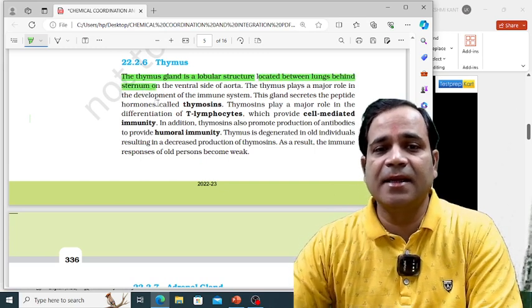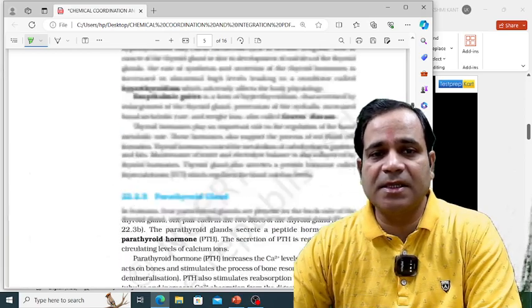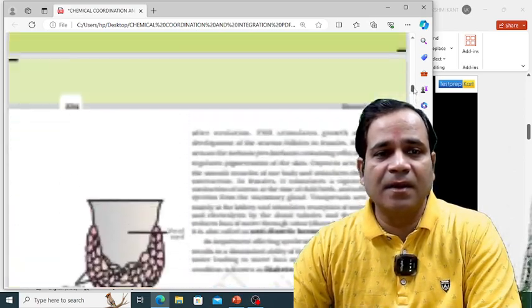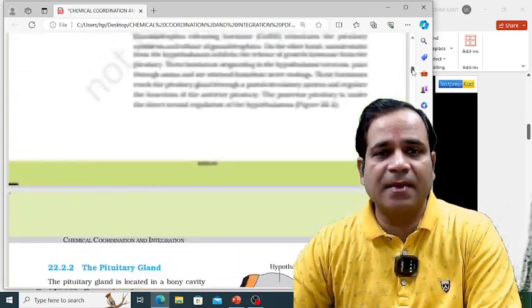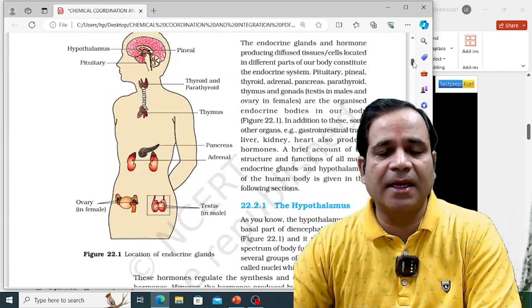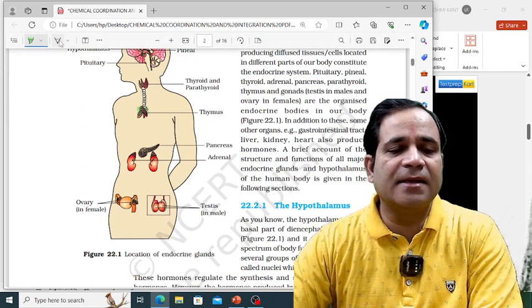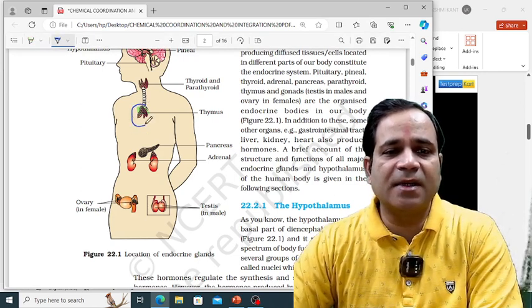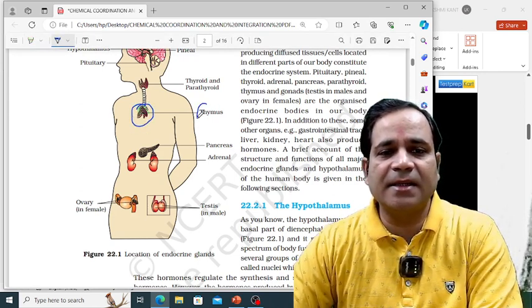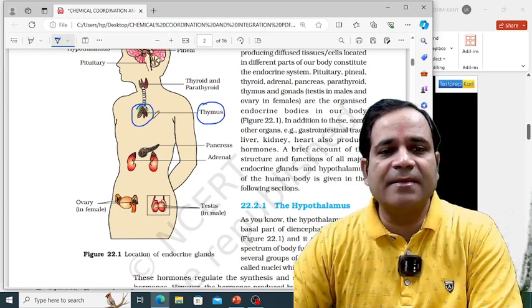See what I'm saying? See with the help of the diagram also. See this one, the diagram here. Check this diagram. I'm going to show you the gland. See here. This one is what? Thymus gland, my dear. See here, thymus gland. This thymus gland is located where?